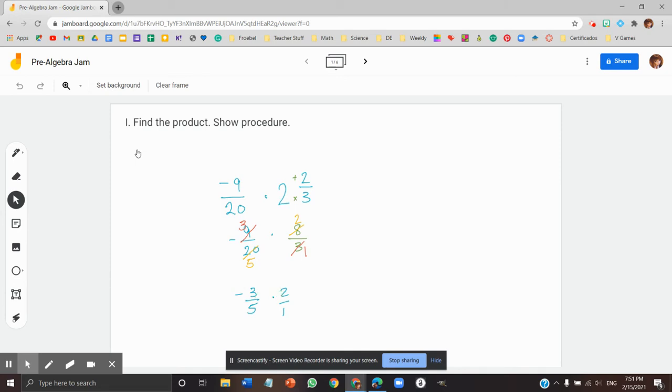And we have 3 times 2, and that one's negative. Remember that we're multiplying a negative number times a positive number, then my result is going to be a negative. So 3 times 2 is 6, and 5 times 1 is 5. Now, did I finish?